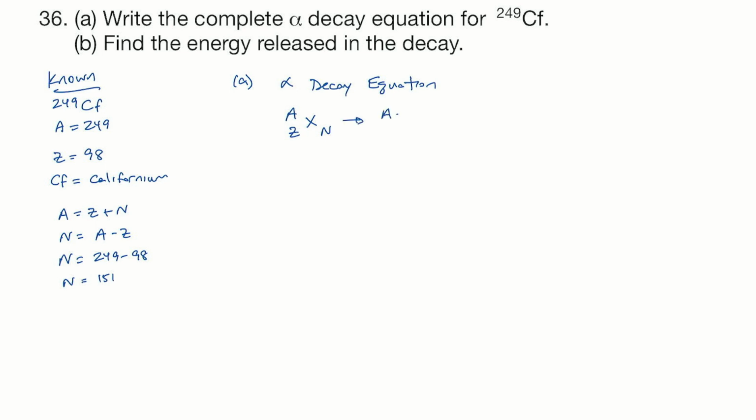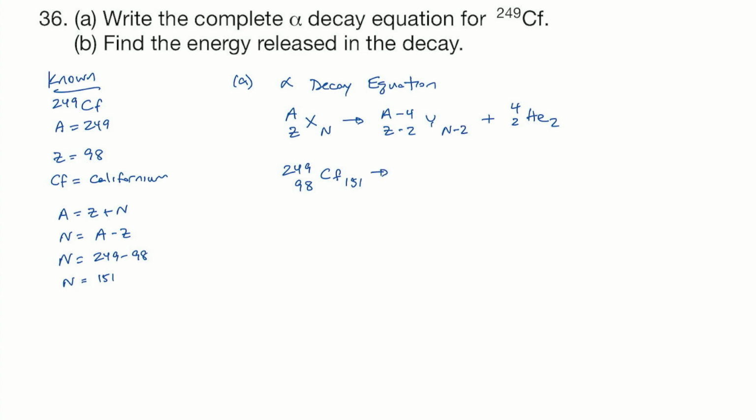This goes to Y with A minus 4, Z minus 2, and N minus 2, plus the helium nucleus, 4, 2, He. So we're going to start off with A as 249. We looked up Z, the number of protons, which is 98. We have Cf, and we calculated 151 neutrons.